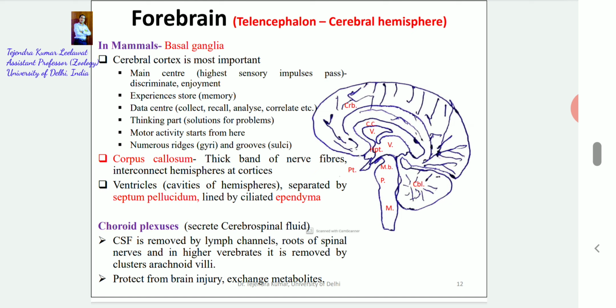So what is basal ganglia? As we discussed, in primitive animals like Pisces there is a striatum like the paleostriatum.